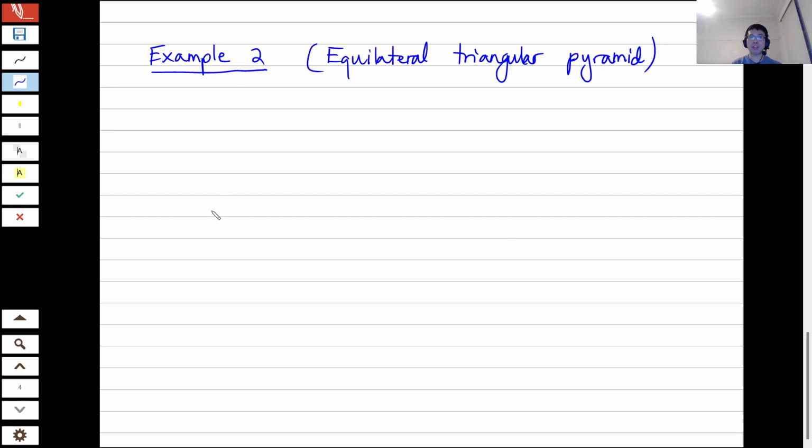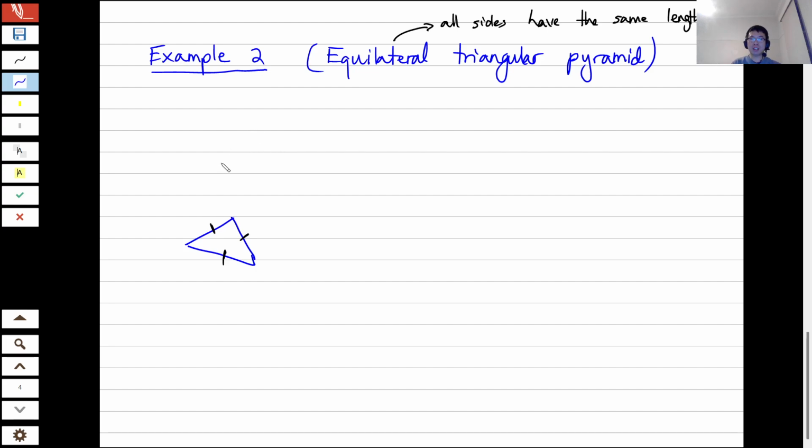So here what I'm going to do is define a pyramid with a triangular base, and I'm going to make the base an equilateral triangle. If you've forgotten what equilateral means, this means all sides have the same length. And so that means I can draw these tick marks on the base.